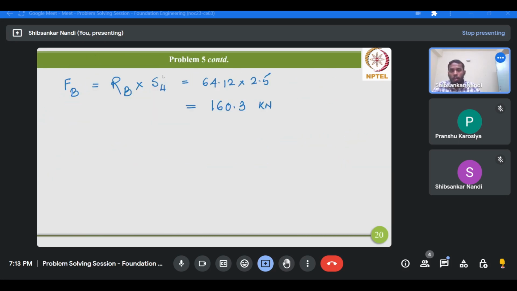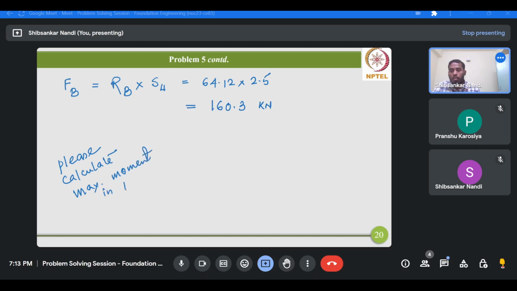Now one homework is pending for you, and that is please calculate the maximum moment in the wall.